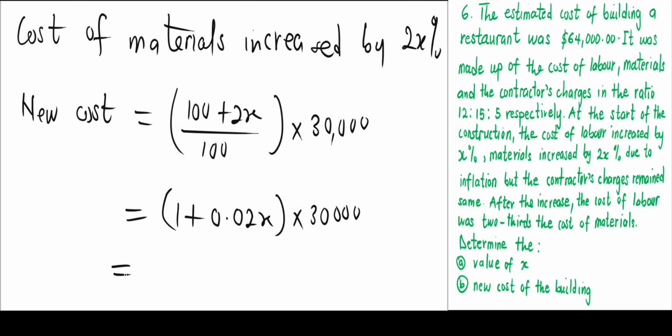So here we are going to get 30,000 plus 0.02 times 30,000. Okay, and this will be equal to 600x. All right, so this becomes the new cost of materials after the cost of materials has been increased by 2x%.